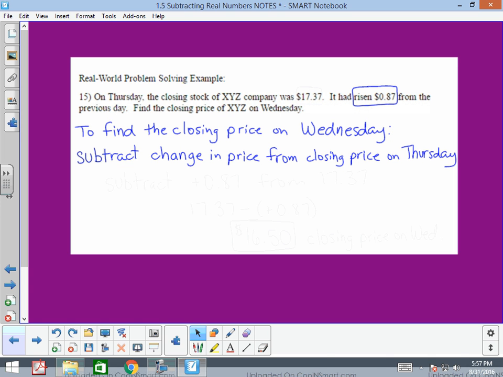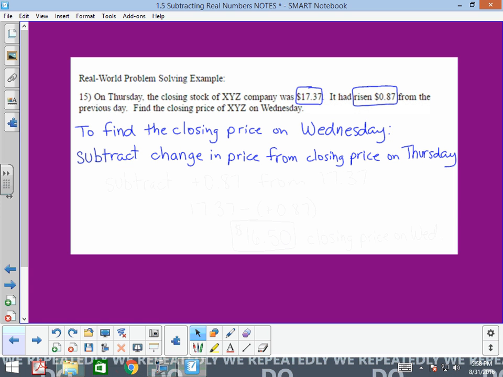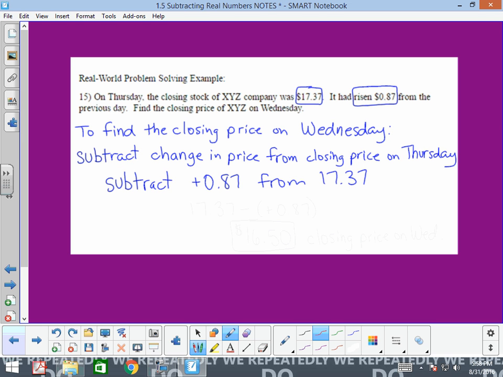Now, the closing price on Thursday was $17.37. So we are subtracting positive 87 cents from $17.37. Now remember, subtract from means to switch the order.